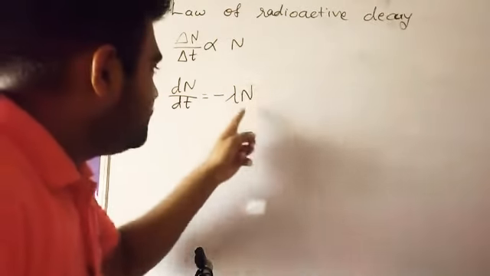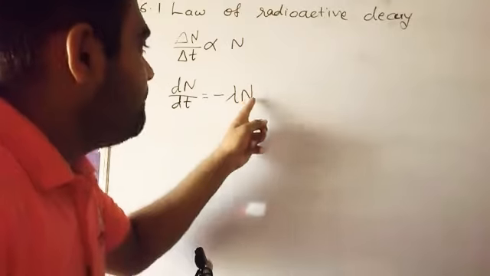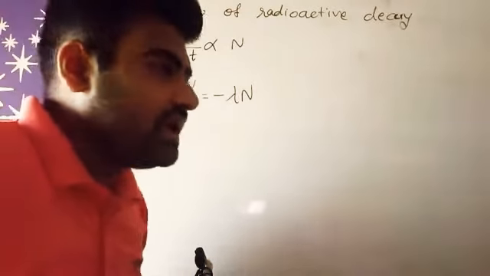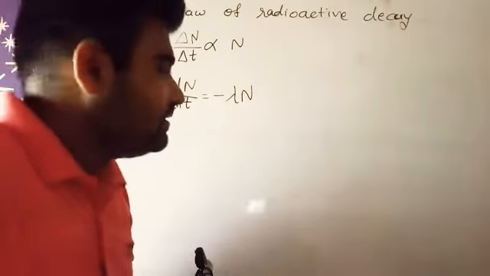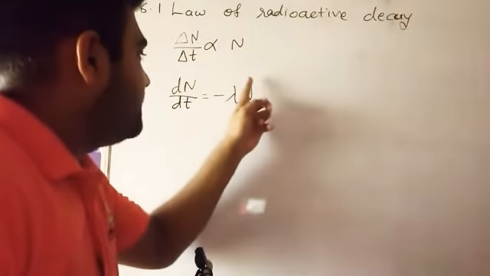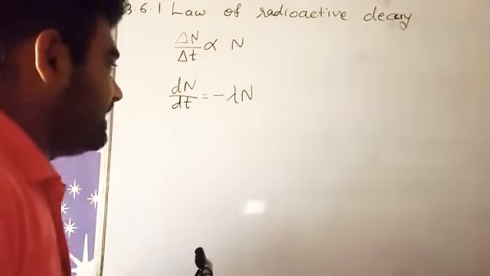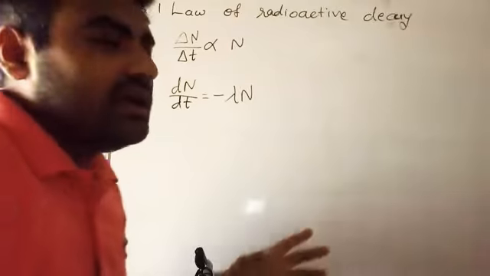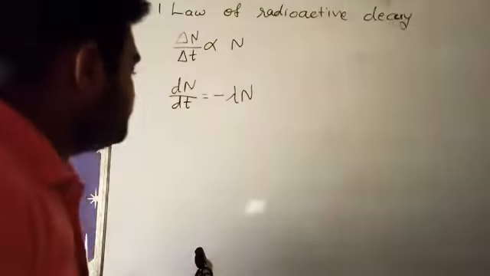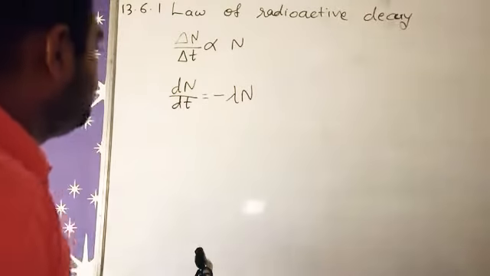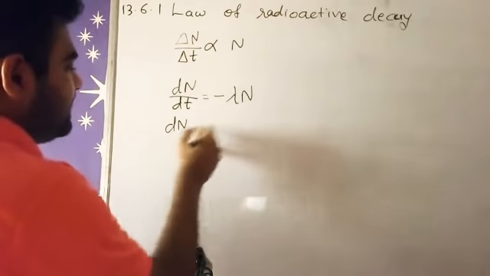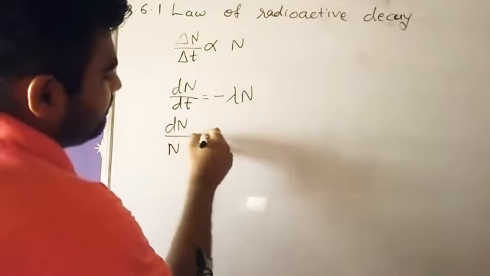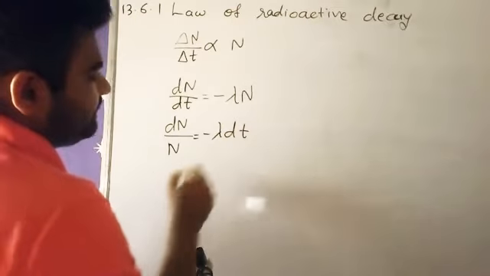Because the number of nuclei will be reduced due to decay. Because of this decreasing manner, we have to write the negative sign. So negative lambda, where lambda is our radioactivity constant, right? So now dN by N is equal to minus lambda dt.